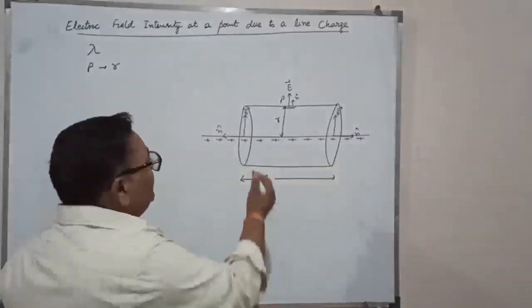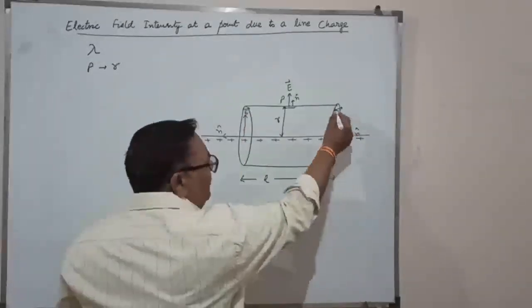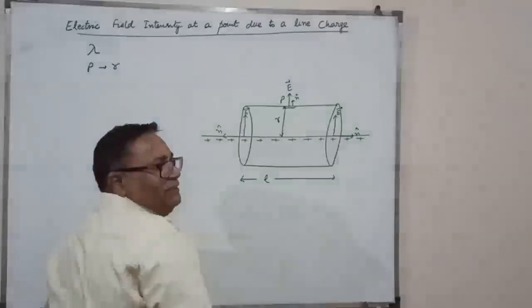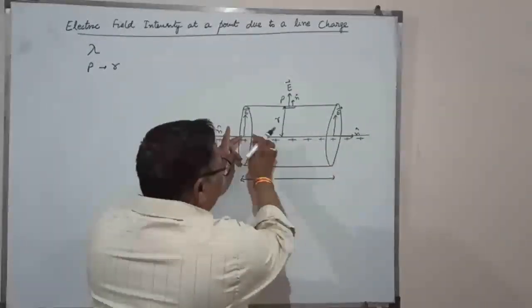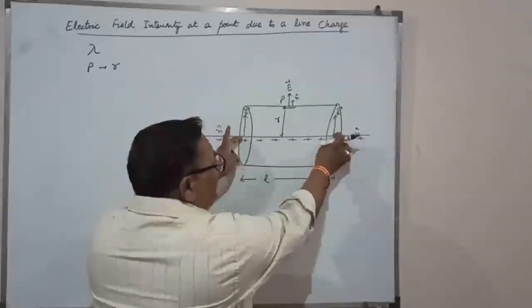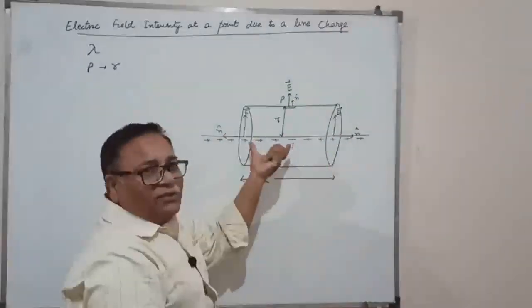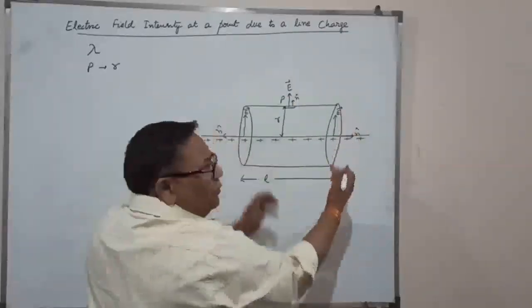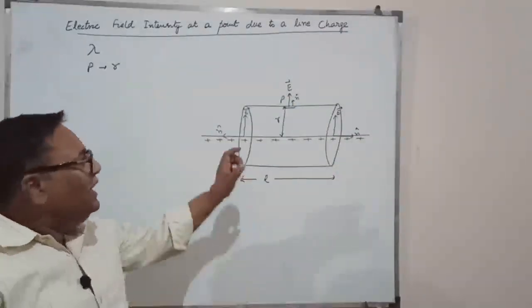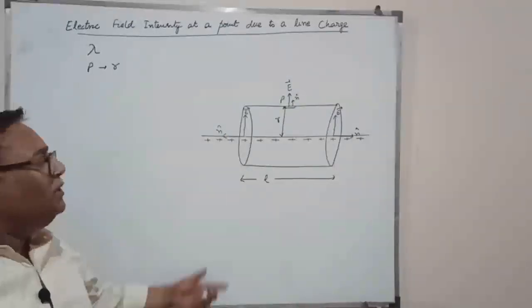Clear? Then this cylindrical surface is the Gaussian surface. Clear? And now this part of the line charge is enclosed in the Gaussian surface, and the surface is closed: curved surface and two ends. Clear? Now we apply Gauss theorem for this question.